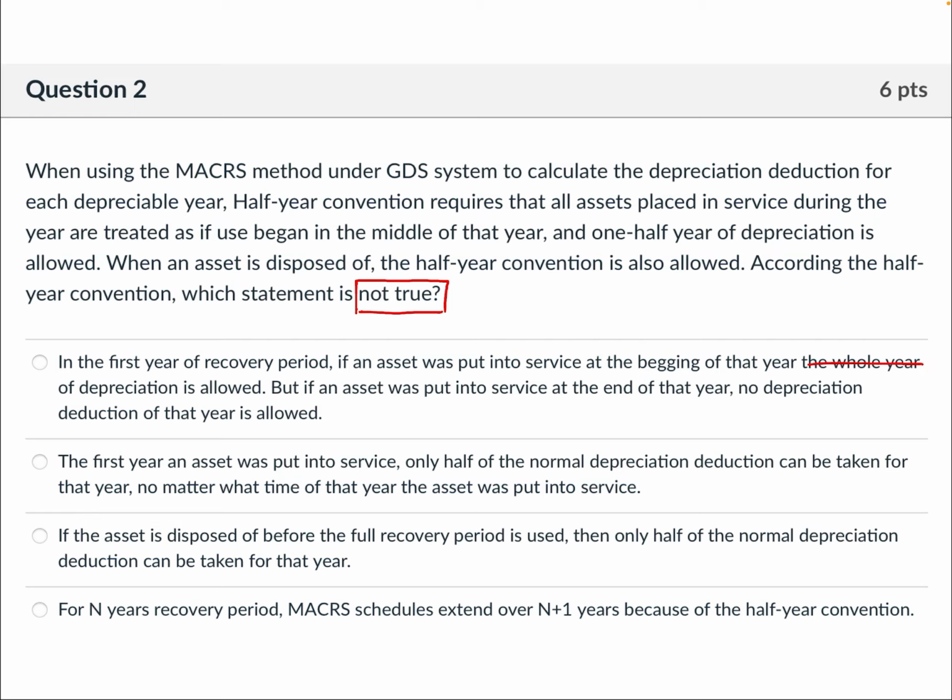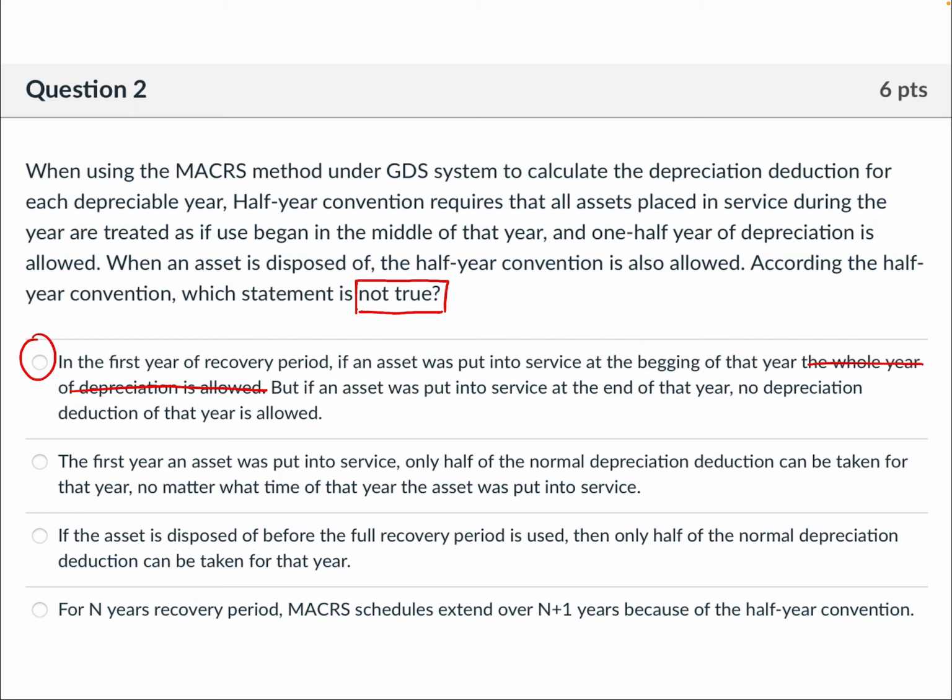Wrong, because we said no matter when you purchase that equipment or asset and put it into service, no matter when in the first year, to be fair, everyone will only depreciate half year value of that asset. Okay, that's why we have the half year convention. So that is not true.